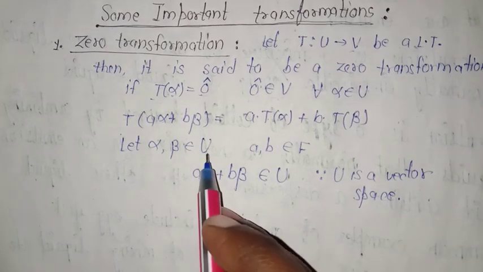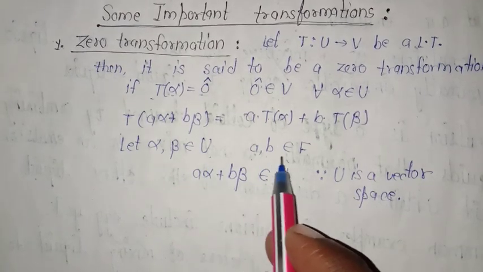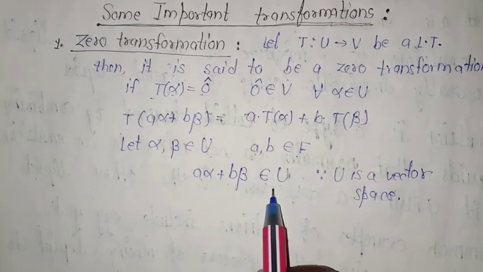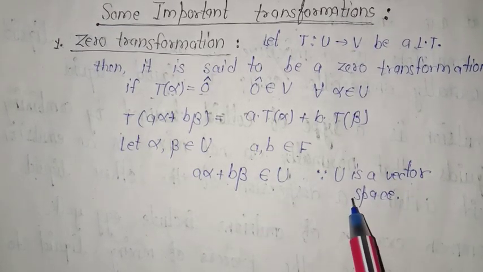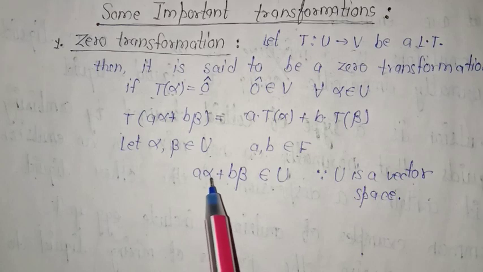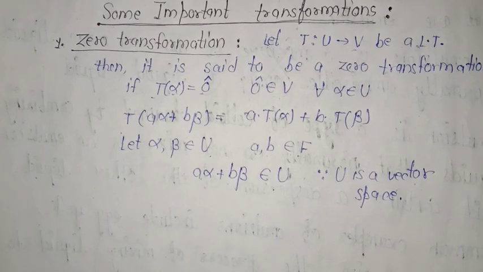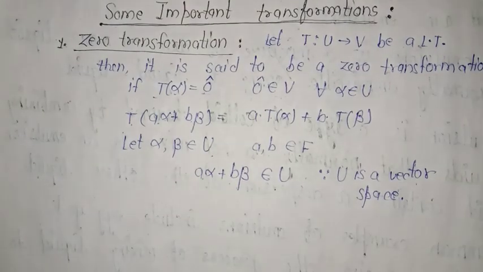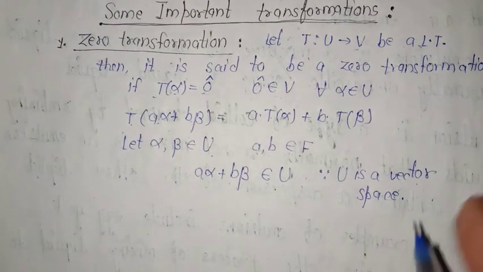Let alpha, beta belong to U, and A, B belong to the field F. Then A alpha plus B beta must belong to U, because U is a vector space, so it holds scalar multiplication as well as vector addition. Now we have to show that T of A alpha plus B beta equals A dot T of alpha plus B dot T of beta.